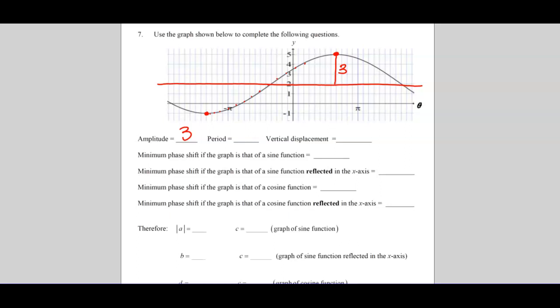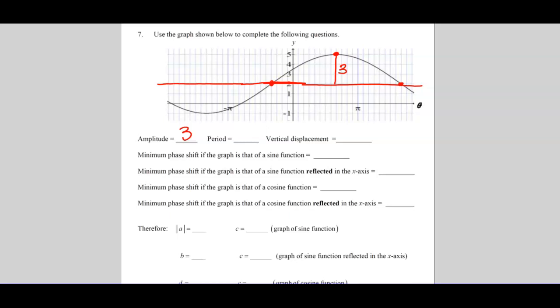Or you could go from here to here. That might be easier. Actually, let's do that, because more of it is to the right. Okay, so from there to here.